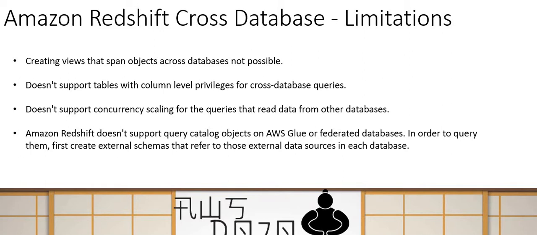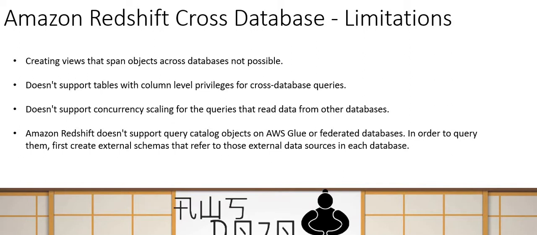If there are some tables which support column-level privileges, those tables are not supported. You cannot avail concurrency scaling for the queries when you're making cross-database queries, so cross-database queries are not supported by concurrency scaling.